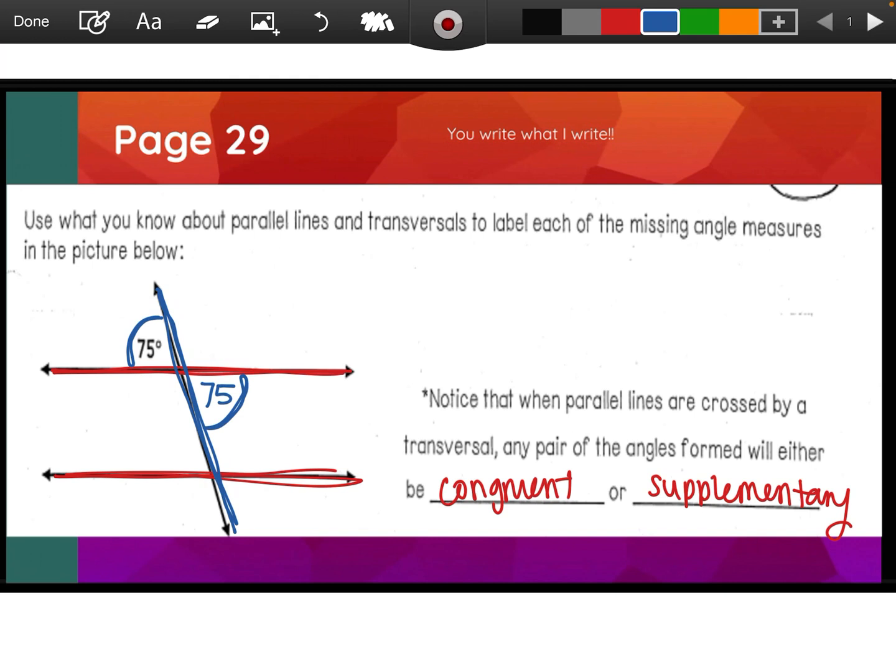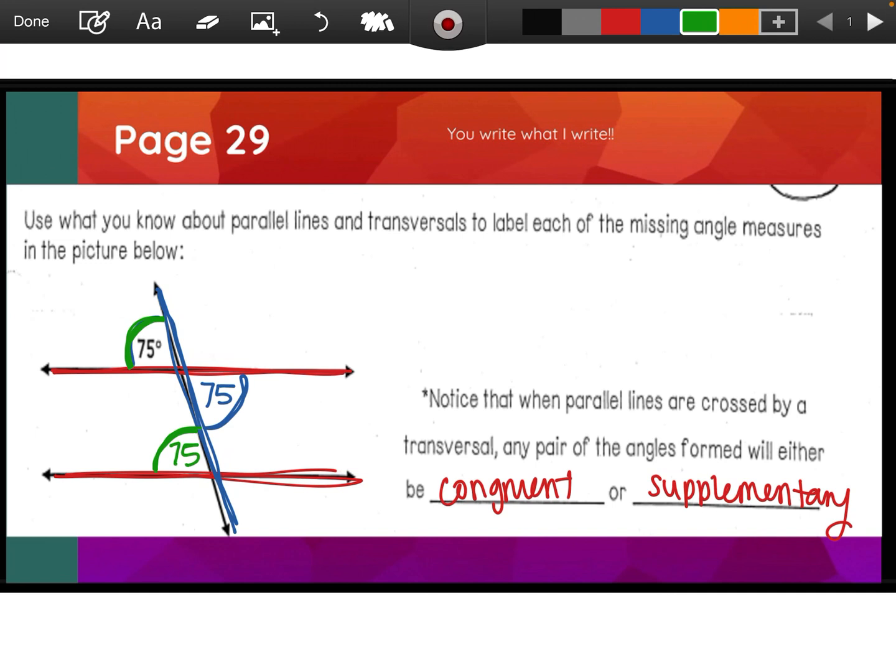because of vertical angles. Then we can use our corresponding angles that are also congruent. So 75 is on the top of the parallel line on the left side of the transversal, which means that on the other parallel line, on the top of it, on the left side of the transversal, would be congruent because those are corresponding angles.